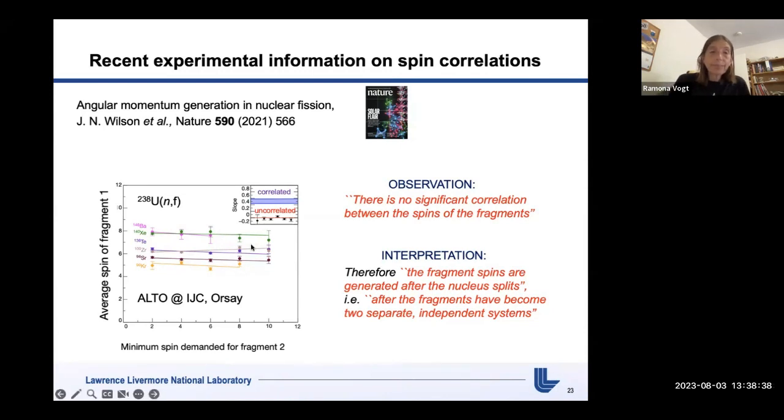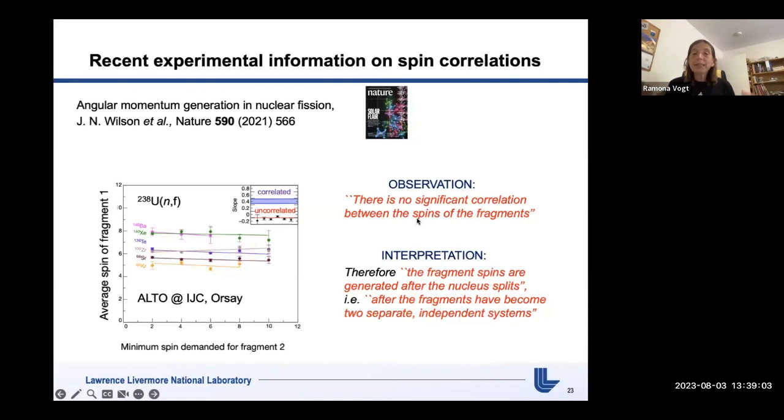And then they can look at the average spin that they measure, and guess what the minimum spin for the other, unobserved fragment must be. And these slopes are pretty flat, so they say there's no significant correlation between the spins of the fragments.